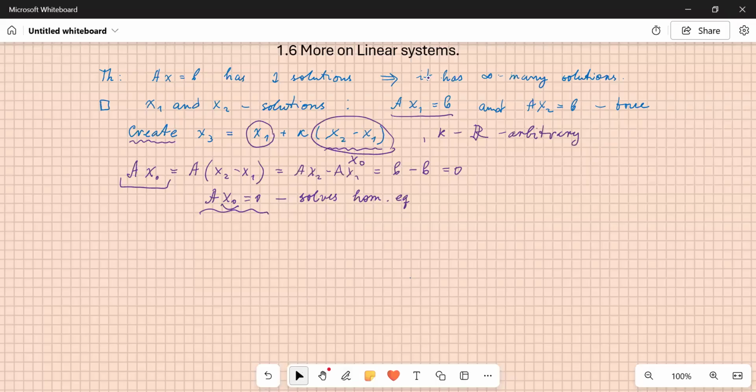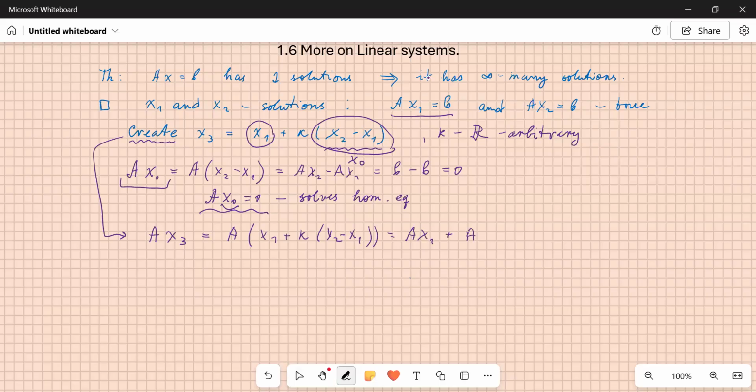Let's multiply this solution x3 now by matrix A and see a solution of what it's going to be. Well, I'm just going to plug in solution x3 as it is, x1 plus k times (x2 minus x1), and of course open parentheses, distributing matrix A.